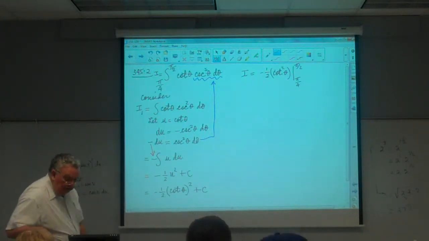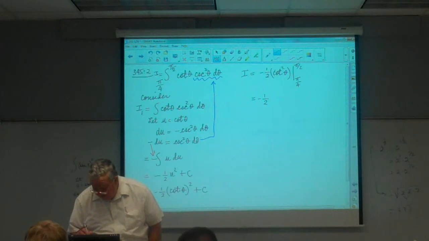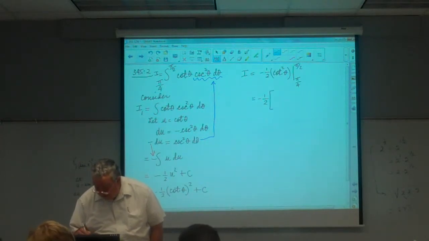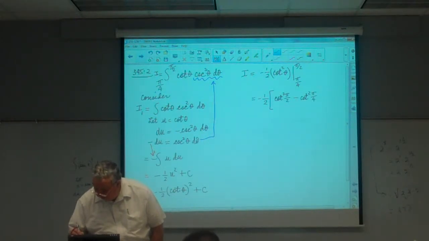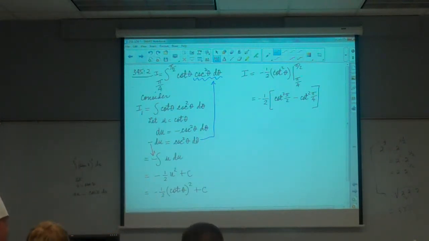So now I have minus 1/2, and I'm going to put it out front. Minus 1/2 times the cotangent squared of pi over 2 minus the cotangent squared of pi over 4. Is that okay? Everybody okay with that?